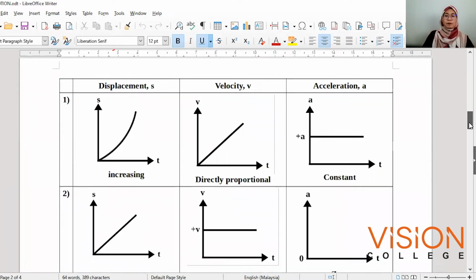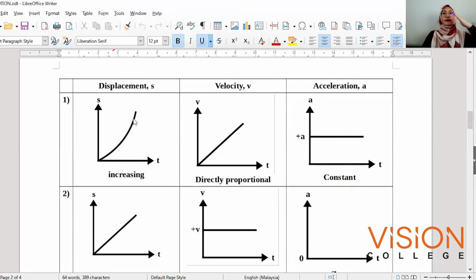For example, if the velocity is directly proportional, increasing, then when you calculate your acceleration, it should be a positive constant acceleration. While the displacement will look like this, increasing with a curve.